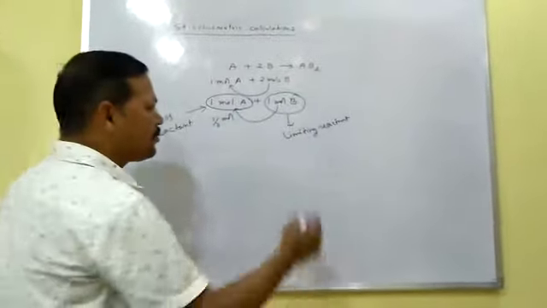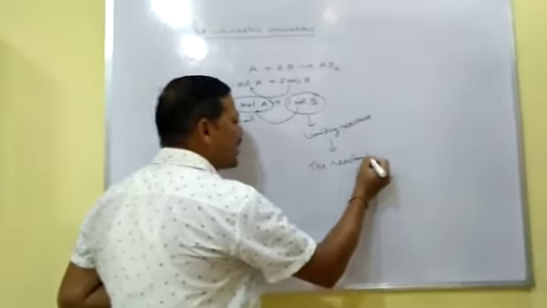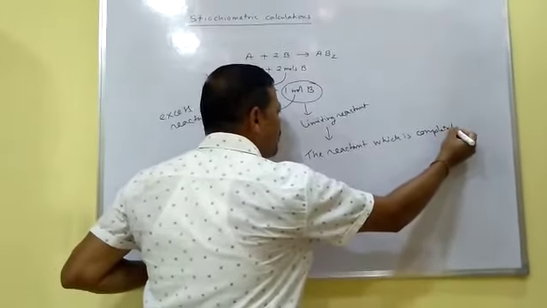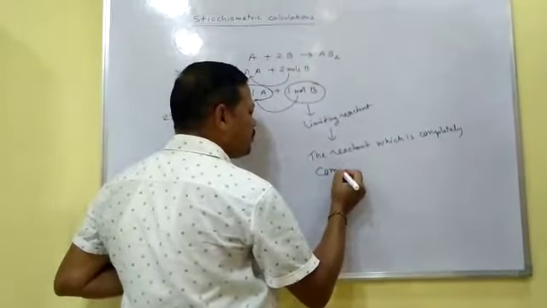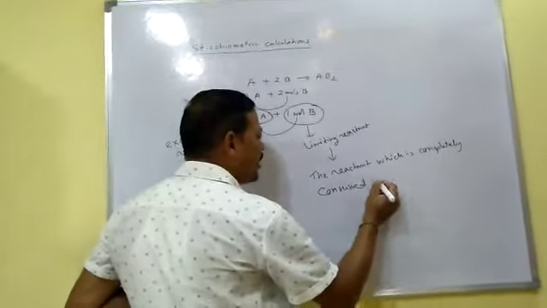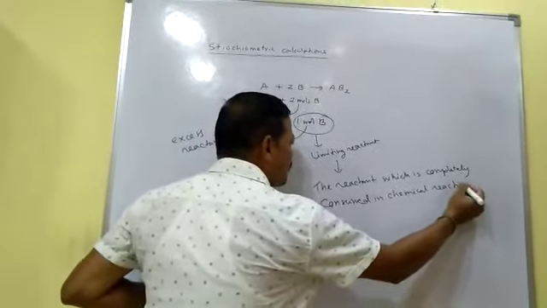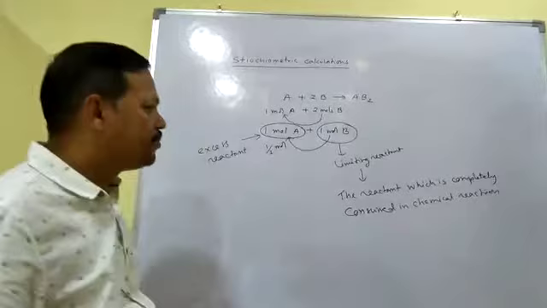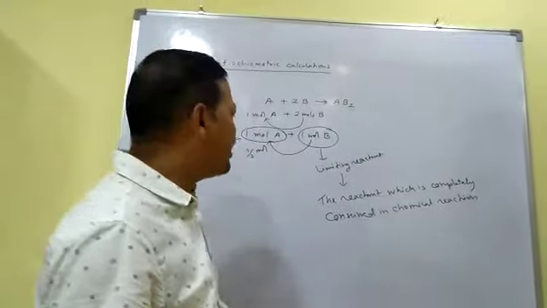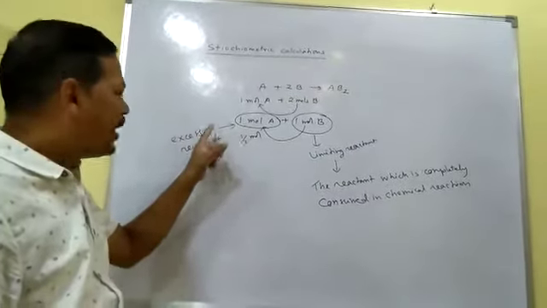Limiting reactant means, the definition if you want to write: the reactant which is completely consumed in a chemical reaction is called the limiting reactant, and the reactant which is present in excess amount is called the excess reactant.